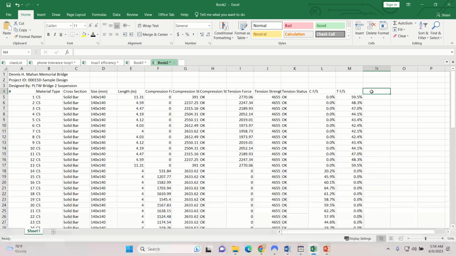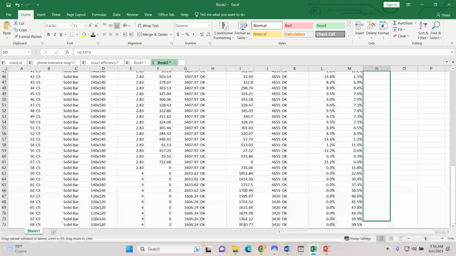Okay, here they want me to find the mass, so I need to find the volume to find the mass. These are 140 by 140 millimeters, and I want this in square meters. So I'm going to do it as a formula, 0.14 squared. Normally you would have about 5 or 6 different ones here.